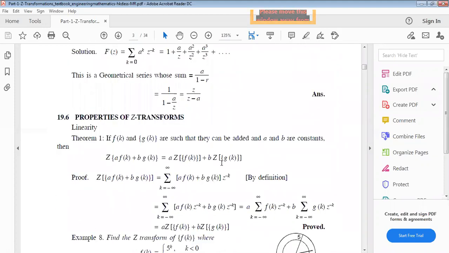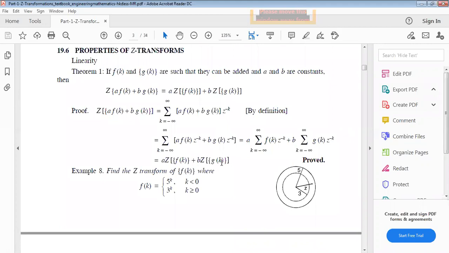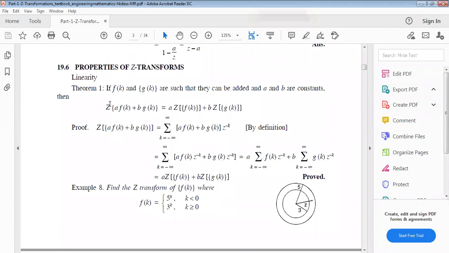Okay, now we will study about the properties of z transformation. First property is linearity property. Suppose f of k and g of k are sequences such that they can be added, a and b are constants.